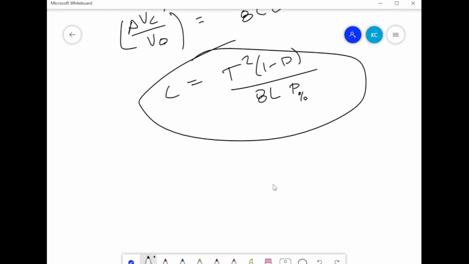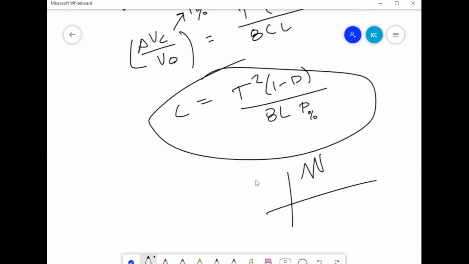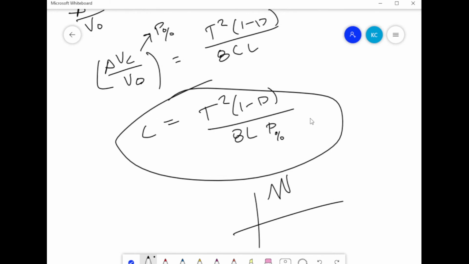So if we want a ripple of a couple of percent here, let's say our output voltage is 5, and we want it to ripple between 5.1 and 4.99. Calculate the percentage. So let's say that's 5% for the sake of argument. So replace this one by 0.05.